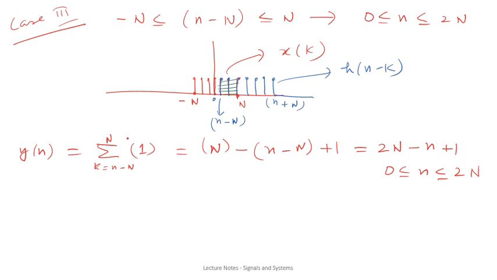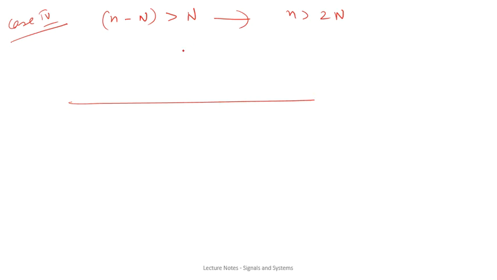Okay, now there is one last case as well. What is this case? When this n minus N will be greater than N, or you can also write it in this way. These are same things. So you again just plot this. x[k] will remain same.